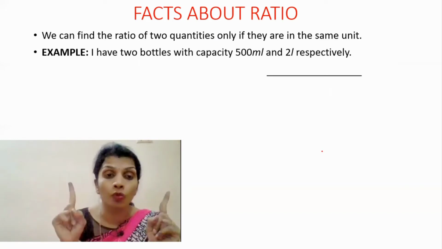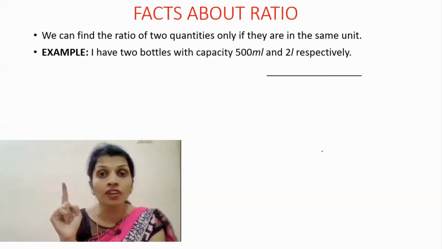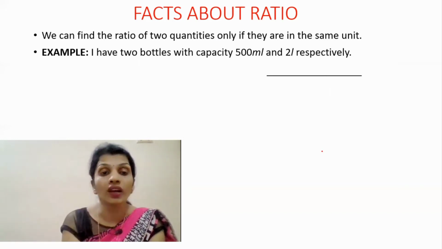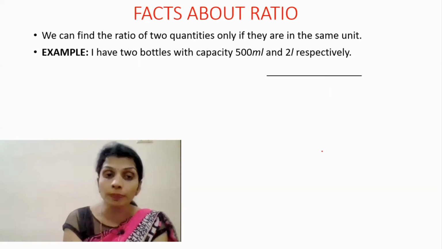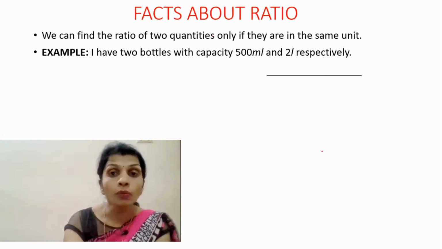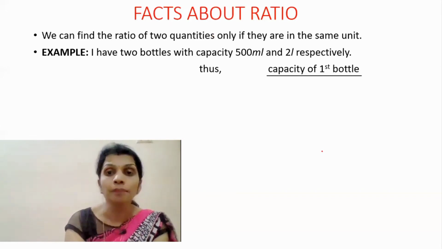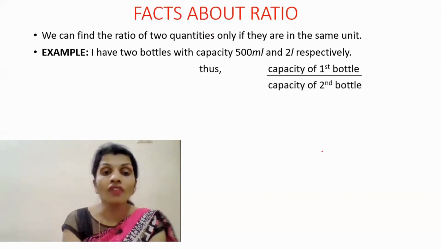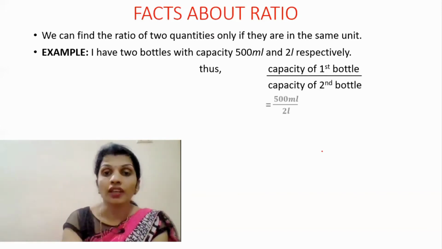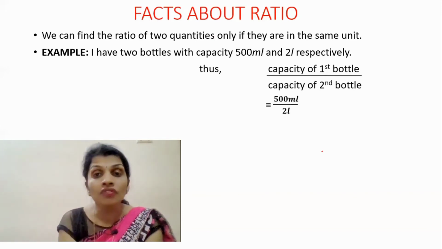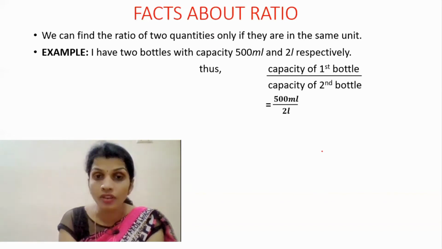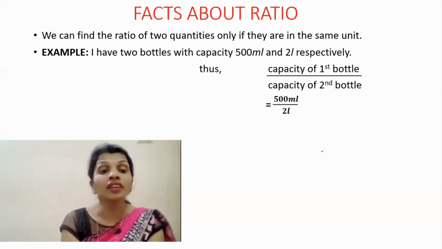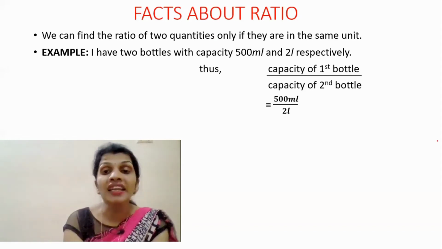Suppose I have two bottles, one with a capacity of 500 milliliters and the other with 2 liters respectively. How do I write this in the form of a fraction? Capacity of first bottle upon capacity of second bottle. The capacity of the first bottle is 500 milliliters and the capacity of the second bottle is 2 liters. See here, there are two units, milliliter and liter.